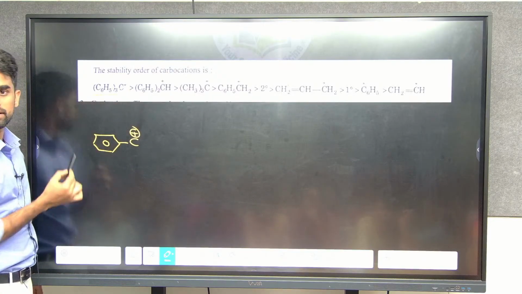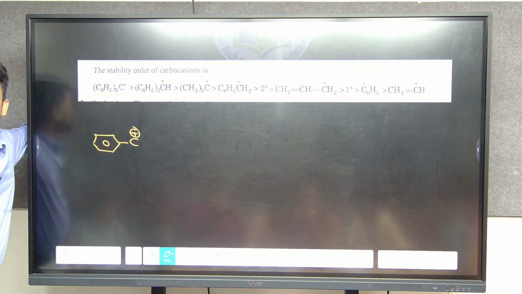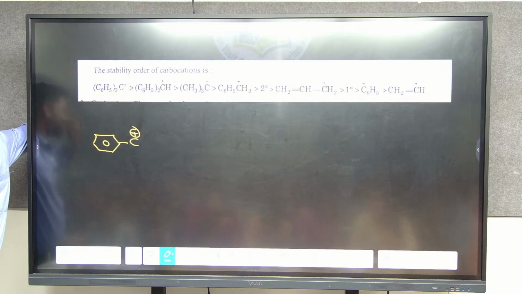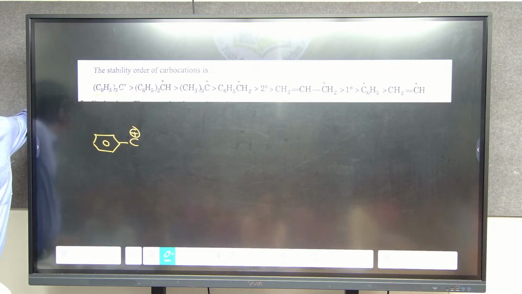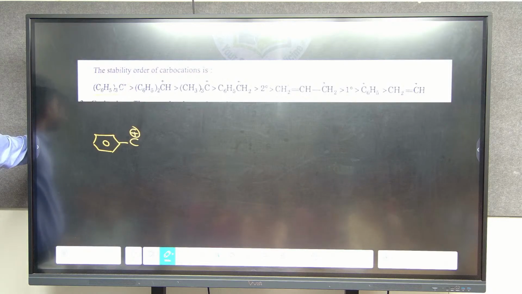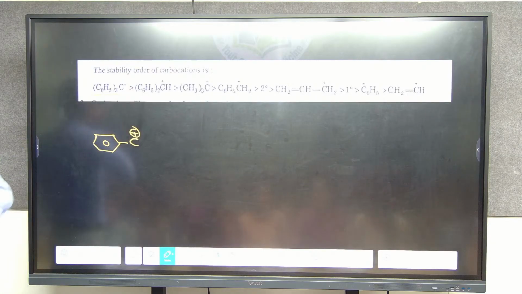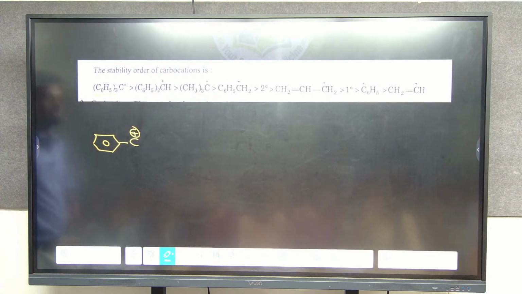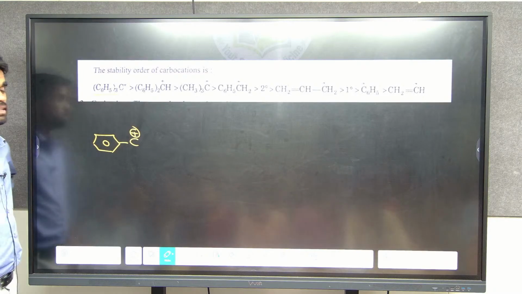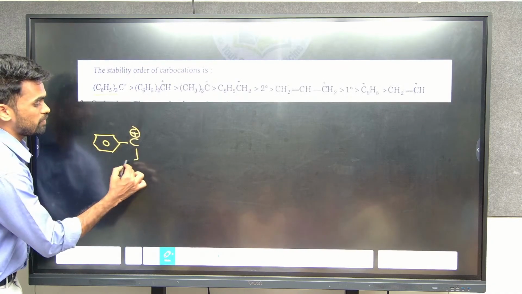Like this, how many phenyls are there? Put the 3 phenyl rings like this.